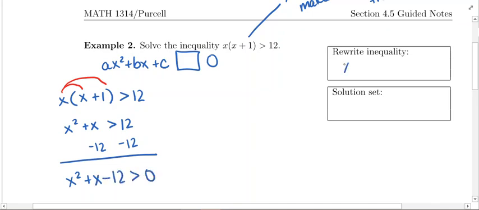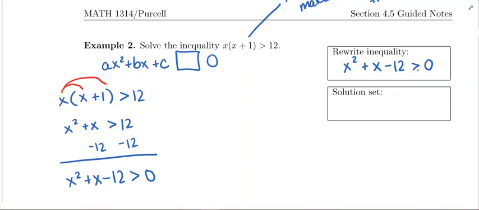Going forward, this is the version of the inequality we are going to work with. It's in that format, ax squared plus bx plus c, your inequality symbol, and then 0 on the other side. What we're going to do now is graph a parabola. You have to graph the non-zero side.